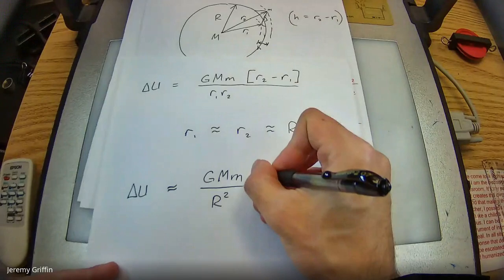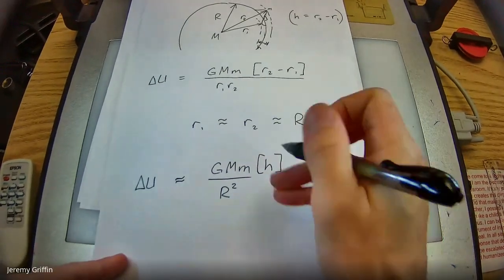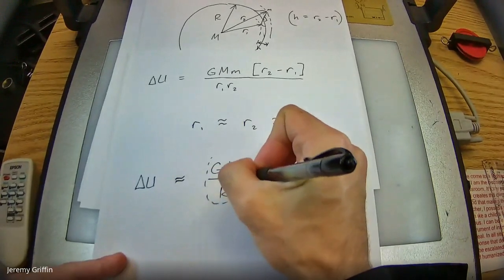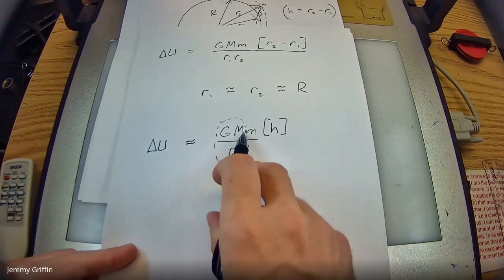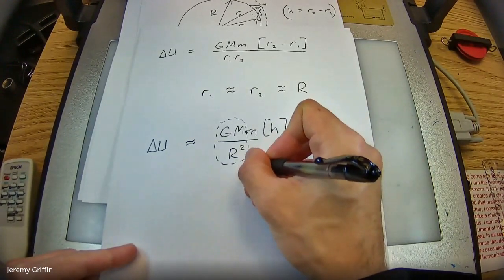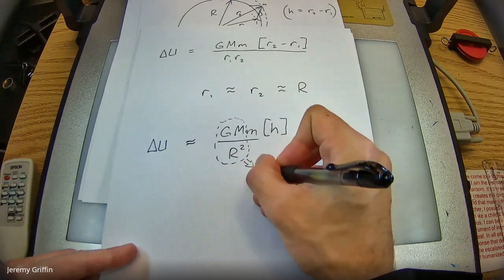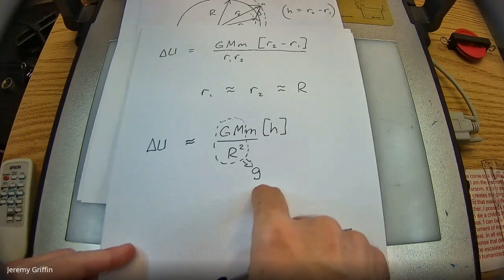And G M over R squared, what's that equivalent to? Universal gravity constant times the mass of the planet divided by radial size squared. You guys remember this from last week? That's lowercase g of the planet, the gravity field on the planet.